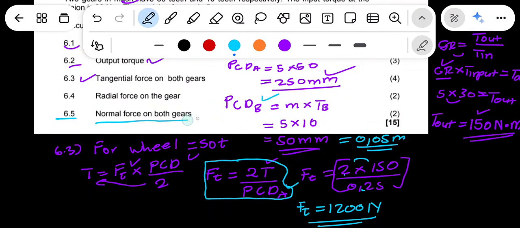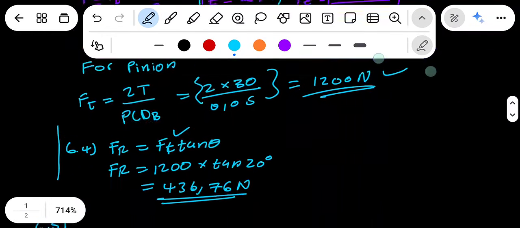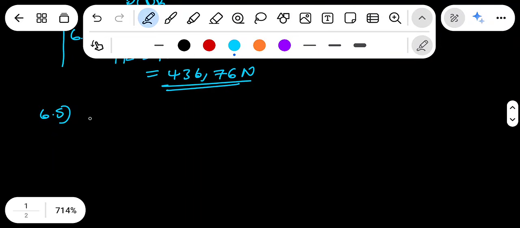The normal force on both gears. All right, how do we get the normal force, Fn?